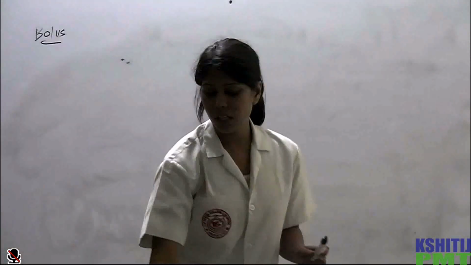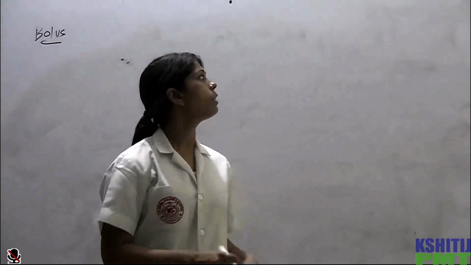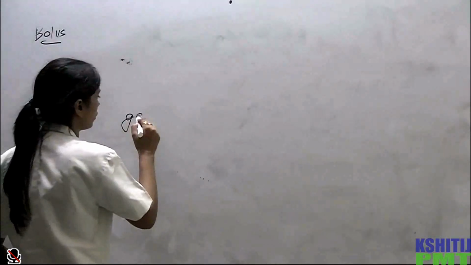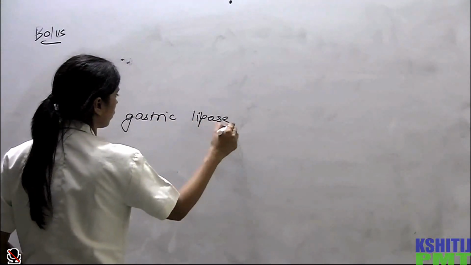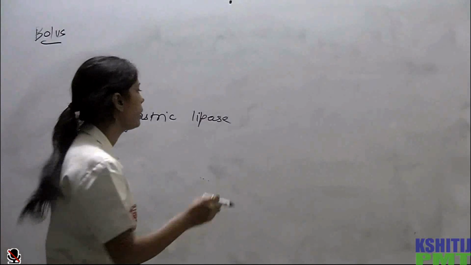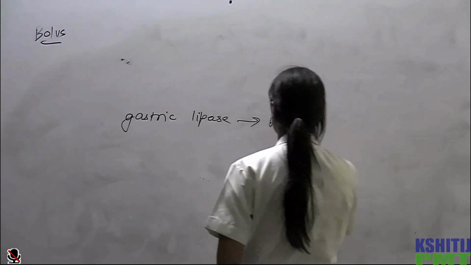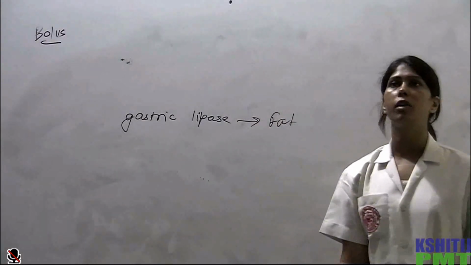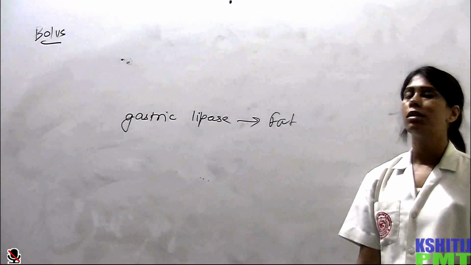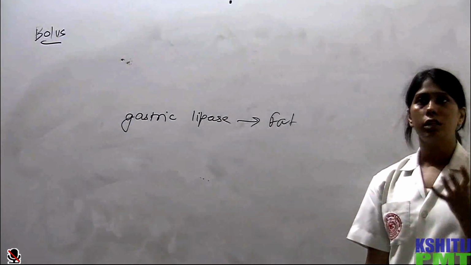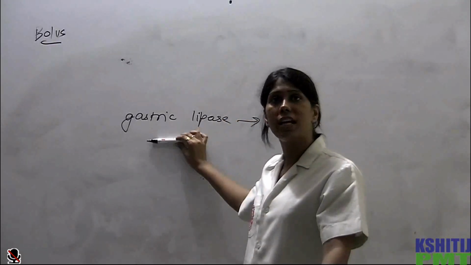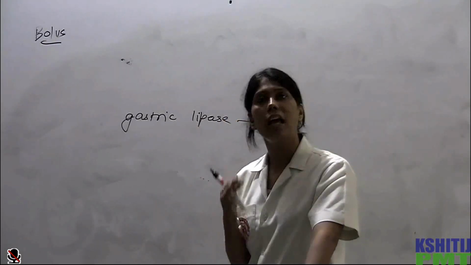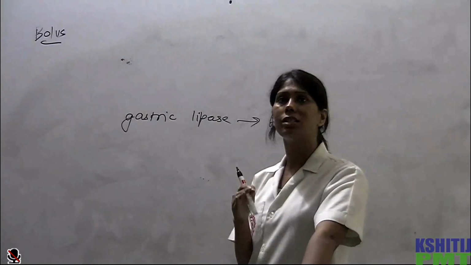Now after this, we'll go for the last enzyme, that is gastric lipase. This enzyme will act upon the fats, but this enzyme will not act upon anything, because this enzyme remains inactive in the presence of acidic pH.